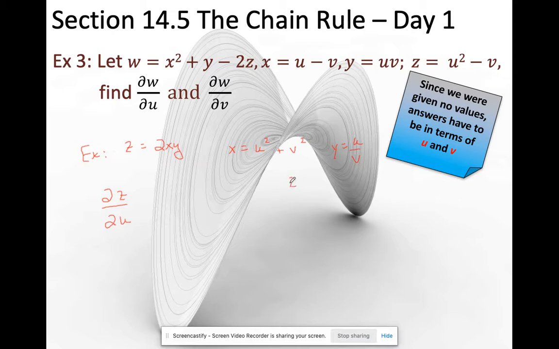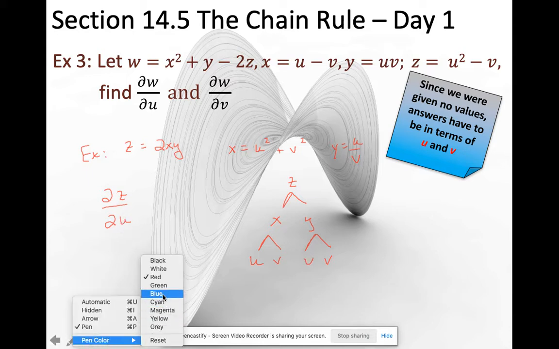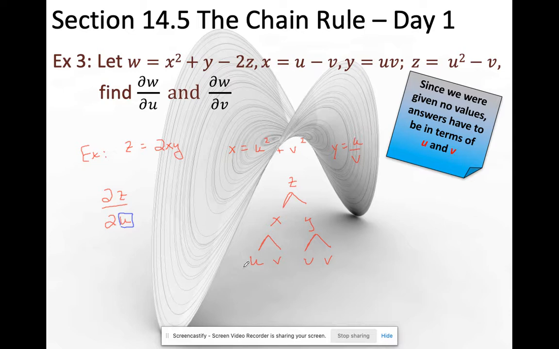So my tree, Z, so I need partial Z, partial X times partial X, partial U, and, right?